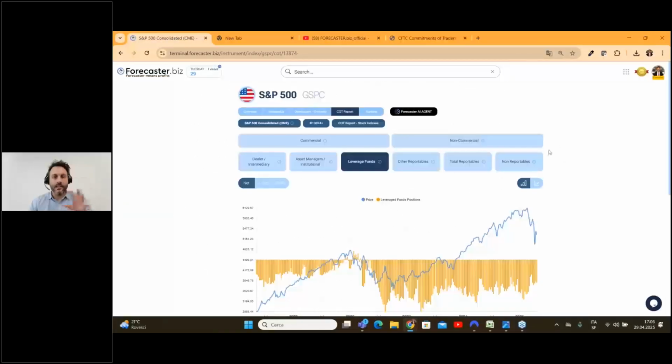This is why the COT report layer you can find only on financial instruments where futures are available.